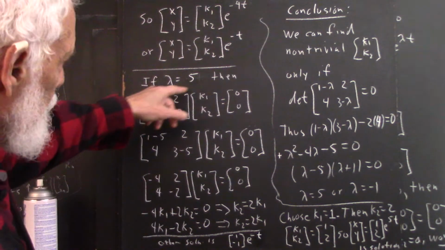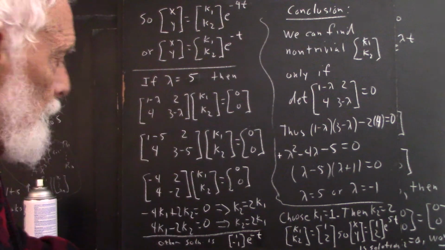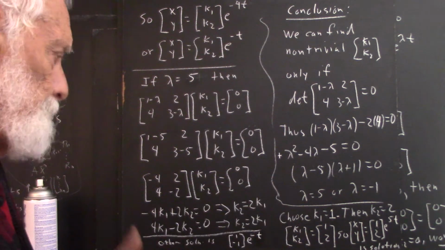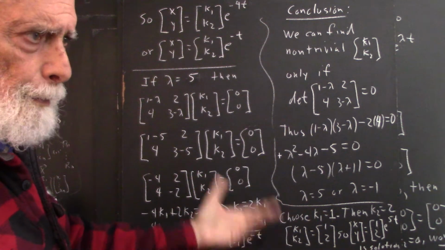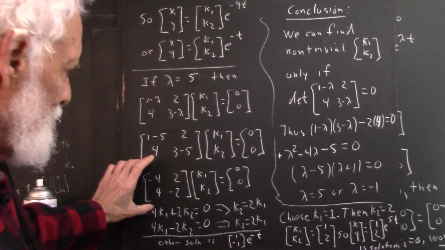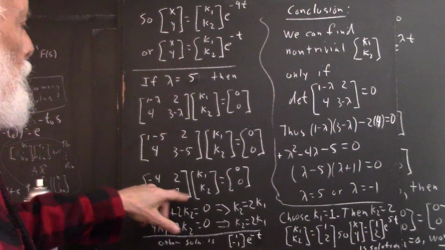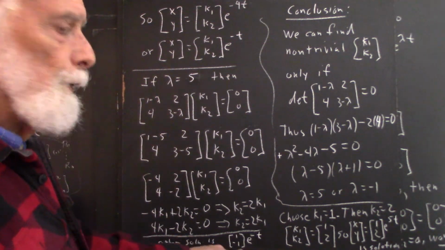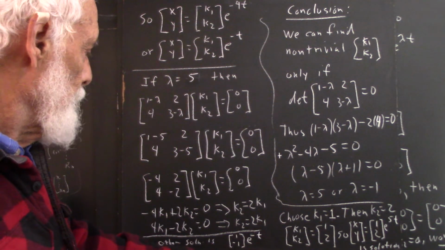So again, by letting lambda equal -1 and doing this, we easily arrive at this. And again, in linear algebra you did a number of these problems, and you hopefully remember how this works out, but it works out very easily. Okay, so we get this.